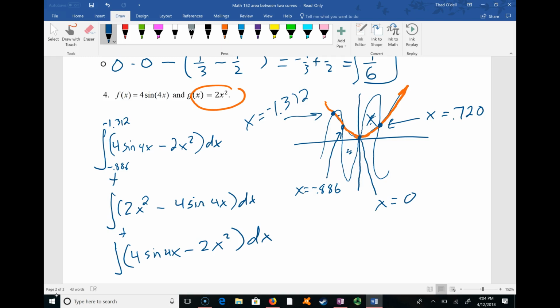And then the next integral is going to go from negative, get that plus out of there. We're adding all these things up. So negative 0.886, and it's going to go to 0. And then the last interval is going to go from 0 to 0.720. So we're going to integrate that.